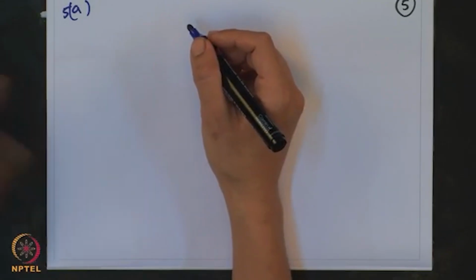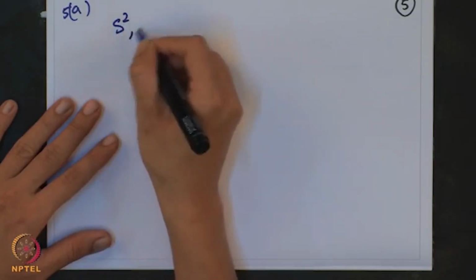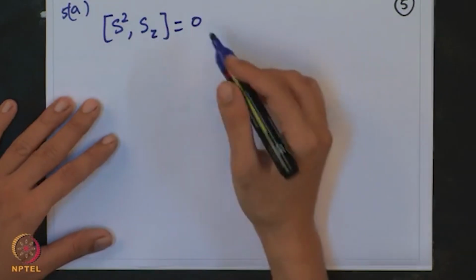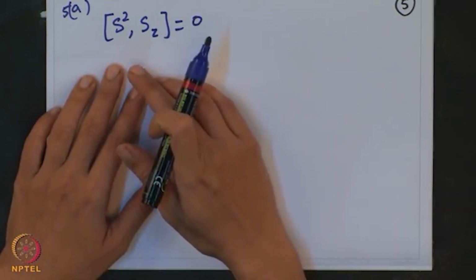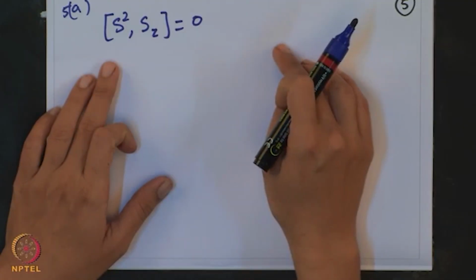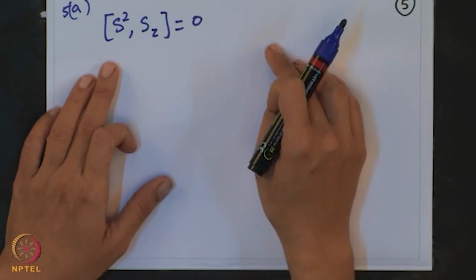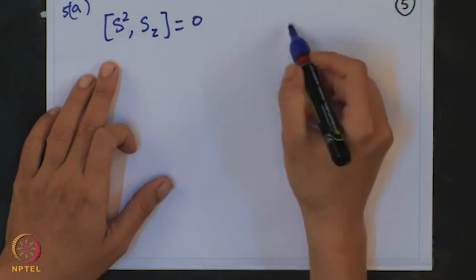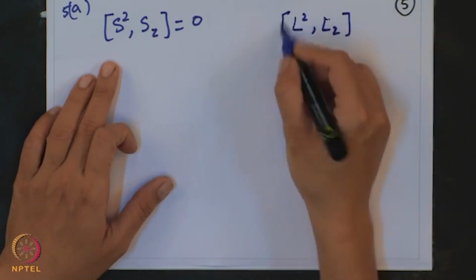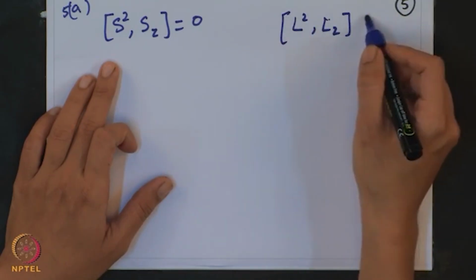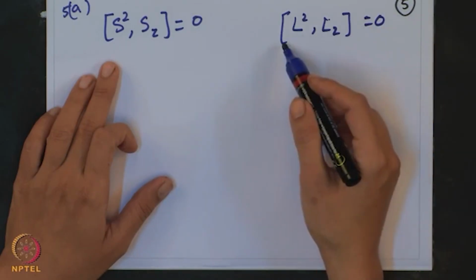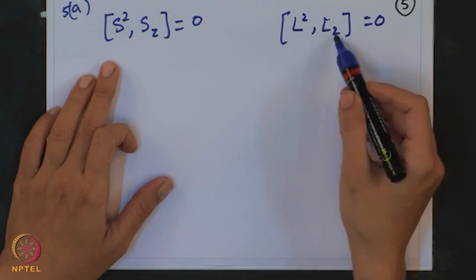So, in this you have S square, you have to prove that S square and Sz commute. Okay, what will happen if S square and Sz commute? If S square and Sz commute, then they form a simultaneous eigenket. You have also seen the same thing for the angular momentum operator. L square and Lz are commuting, so you can form a simultaneous eigenket for L square and Lz.